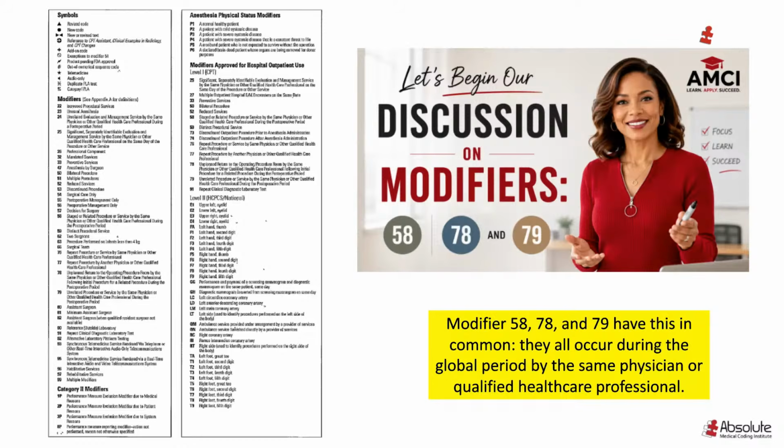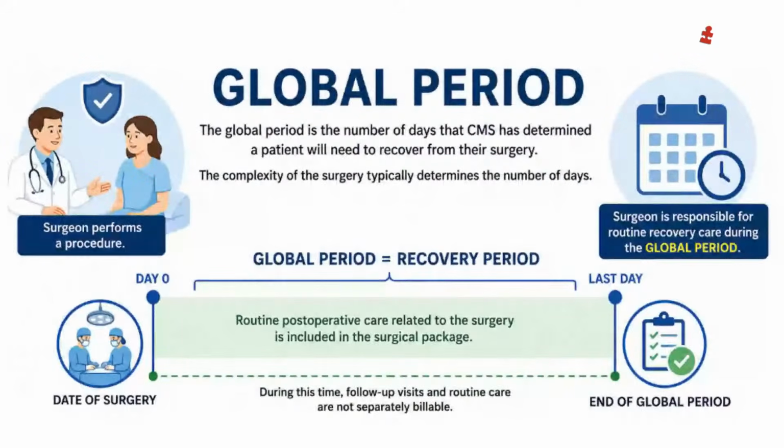Now, what is a global period? Well, a global period is the number of days that the Centers for Medicare and Medicaid Services has determined that a patient will need to recover from their surgery.